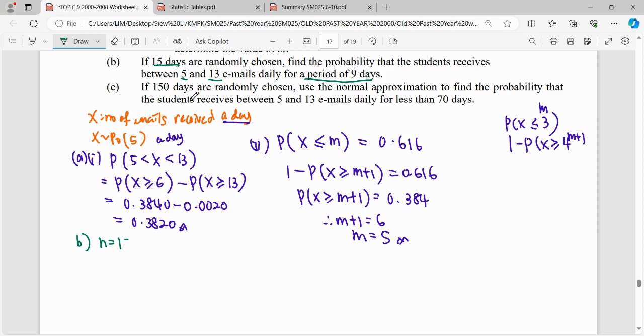So X originally represents emails in a day. Now they are not asking us to find emails, they ask us to find within these 15 days, out of them 9 days.